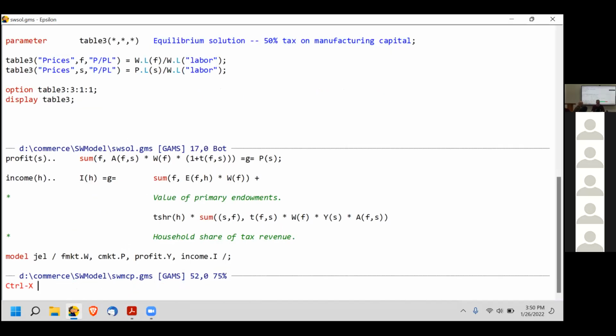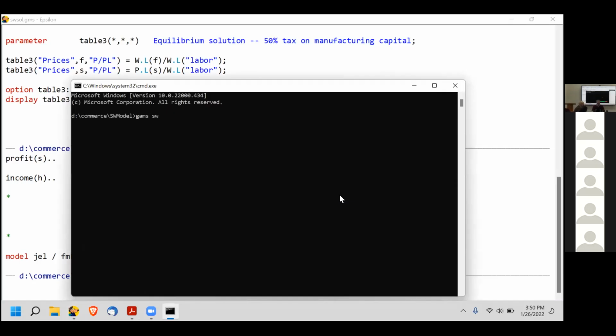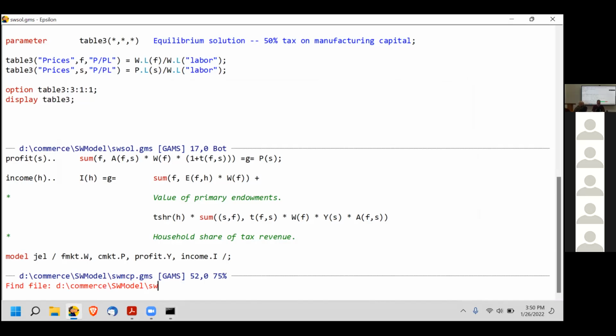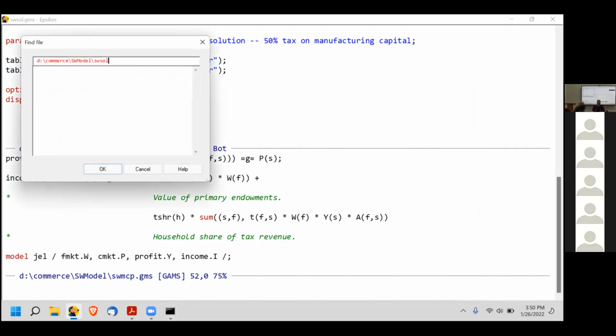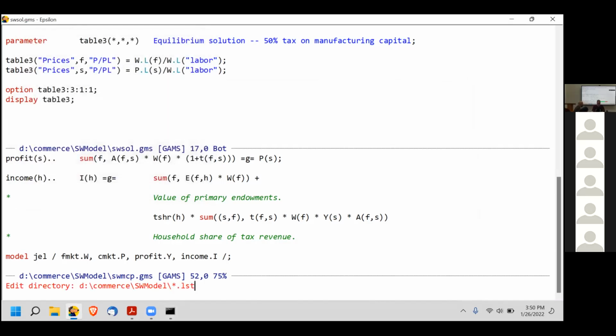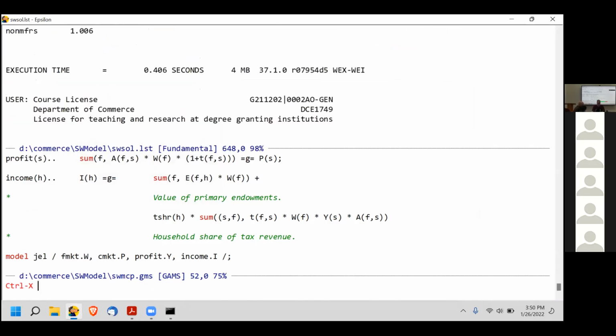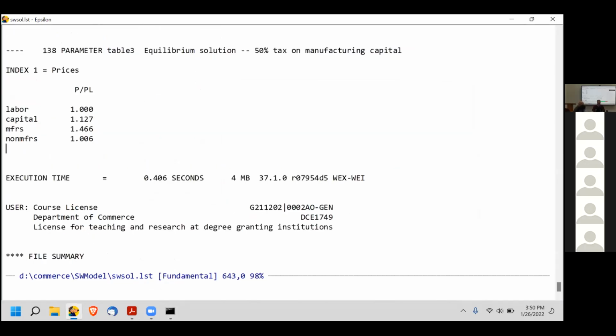Let's solve this, SW solve. There's my solution coming back. So those are the solutions.